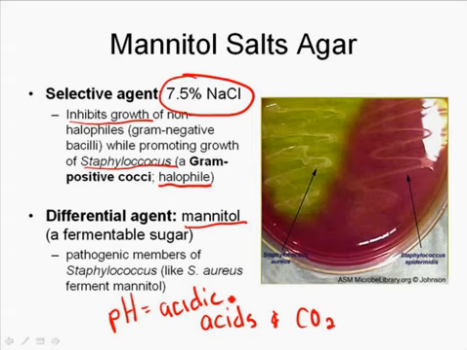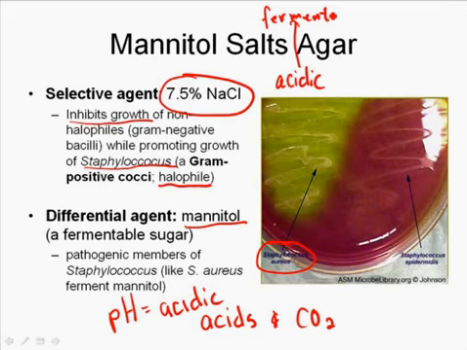So let's look here at the picture on the right. Here we see a member of Staphylococcus, Staphylococcus aureus, classic example. We see that the media has turned yellow. That's an indication that we have acidic conditions within the media. Therefore, it's an indication that Staphylococcus aureus can ferment mannitol. On the right here, we have Staphylococcus epidermidis.